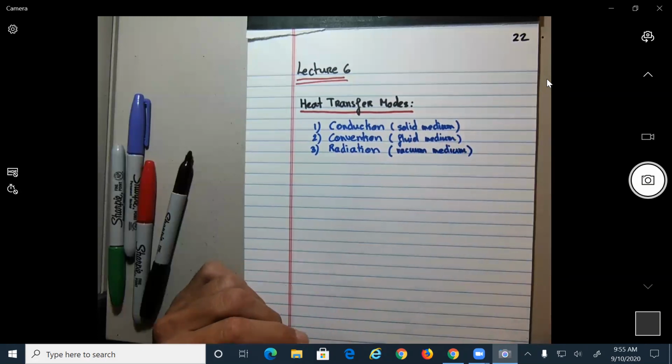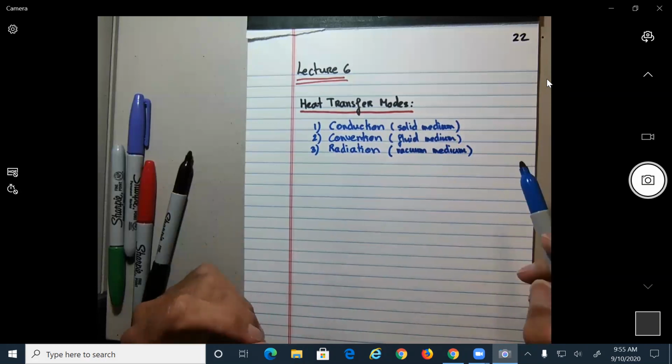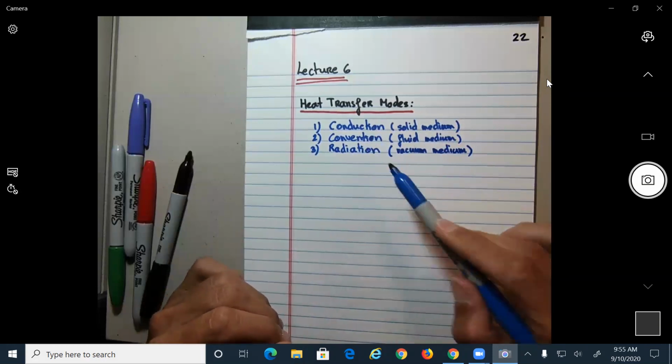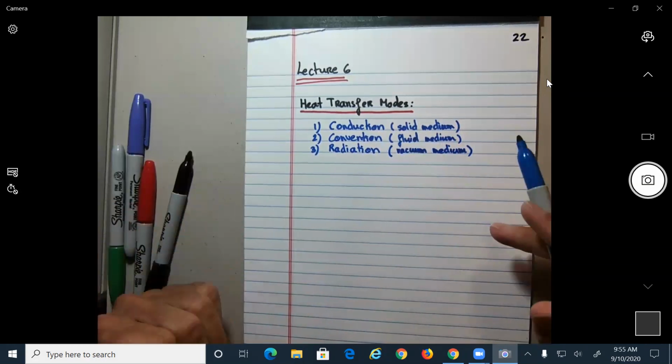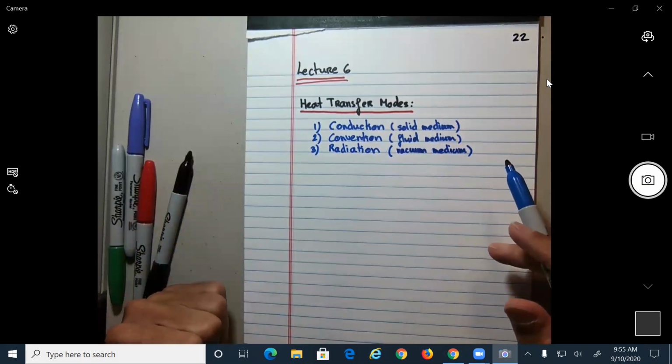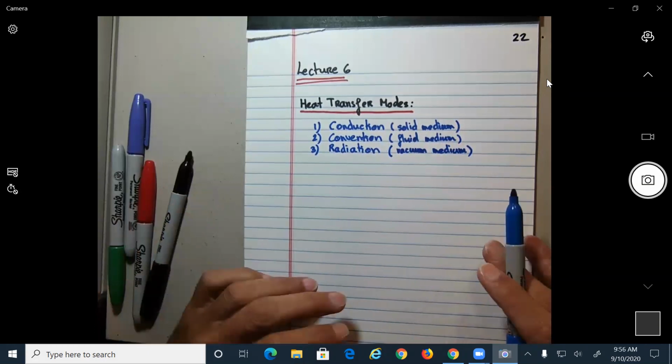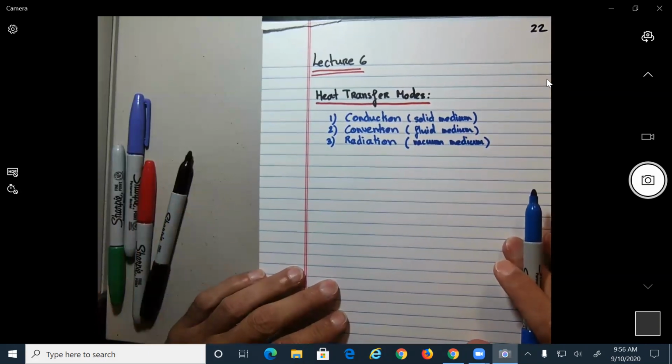Obviously, every single case that happens in real life is not only one of these 3, it's a combination of the 3, but in most cases, 1 or 2 will be more dominant than the other one, okay? And so that's the way to study these heat transfer modes.